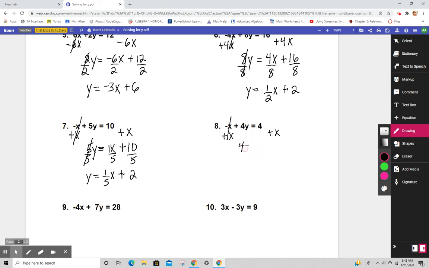We'll have 4y on this side equals x plus 4. Divide both sides, divide through by 4. We'll have y equals 1/4 x plus 1. You could put a 1 here.